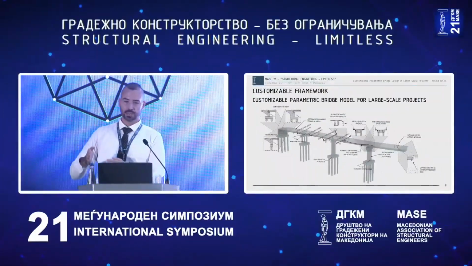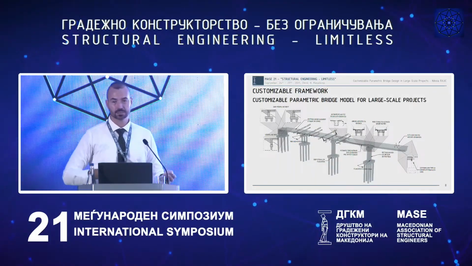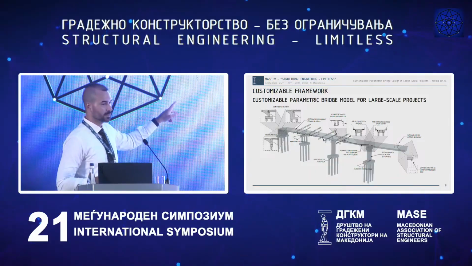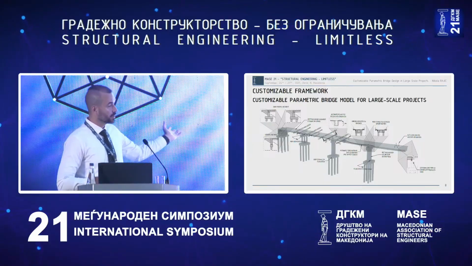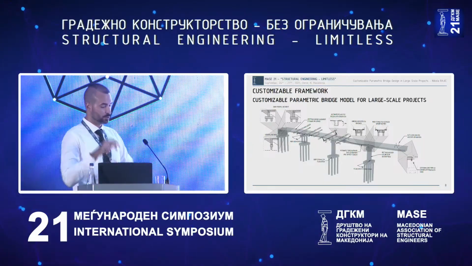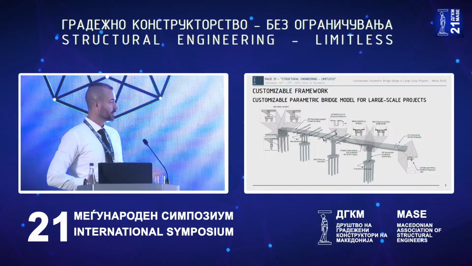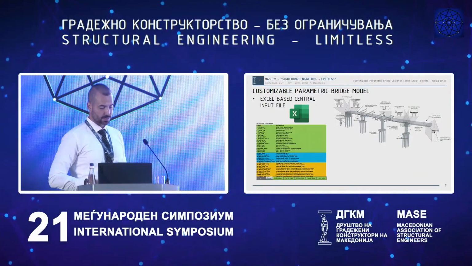You know, you need to translate nodes. You need to rotate some elements. So the model becomes a mess. But if you use this parametric model, it is just several clicks. You just change alignment from straight to curved, and a new model comes out of it, and you just press perform analysis. This sounds maybe not real, but believe me, it is.